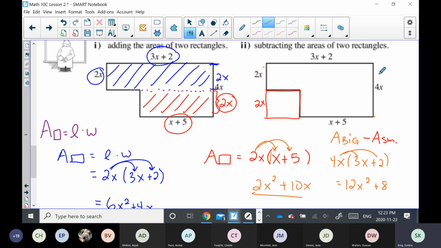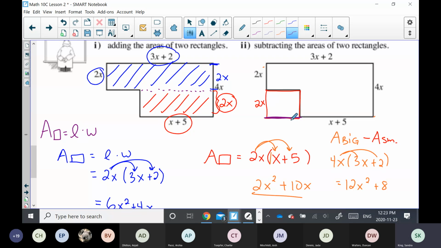Because it has to add up to 4x's. So that's 2x. Does anybody want to unmute their mic and tell me, how would I figure out this? What calculation would you do to get this purple line there?